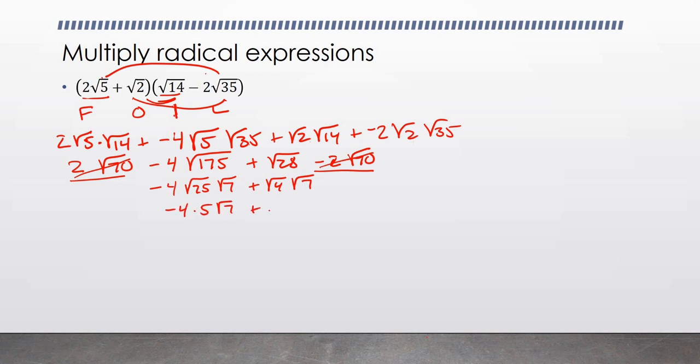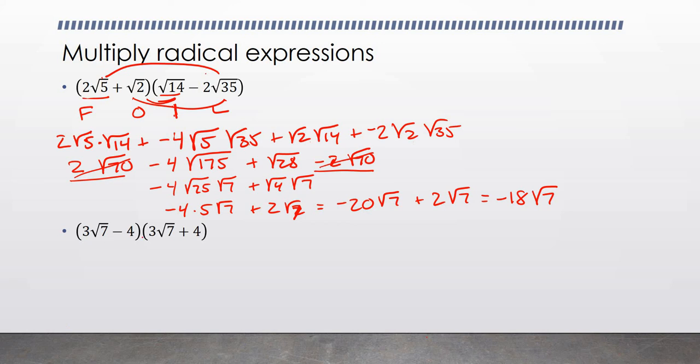So negative 4 times 5 root 7 plus 2 root 7, that's going to be negative 20 root 7 plus 2 root 7. Final answer is negative 18 root 7.